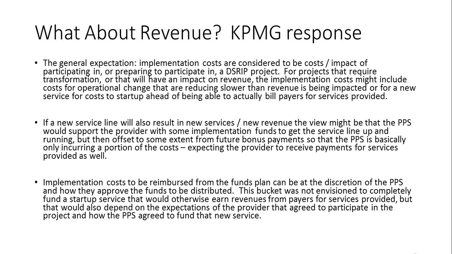At the end of the day, the PPS itself, through its work groups and its governance, has to develop our methods and decisions and determinations of how the PPS funds will flow out to the participants. So there isn't going to be a hard and fast rule from the Department of Health that says you have to pay this or you have to calculate cost this way, or you can't include certain items.